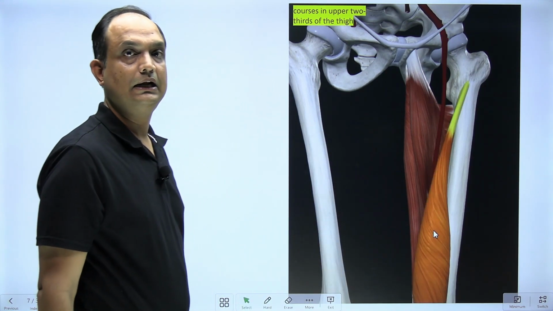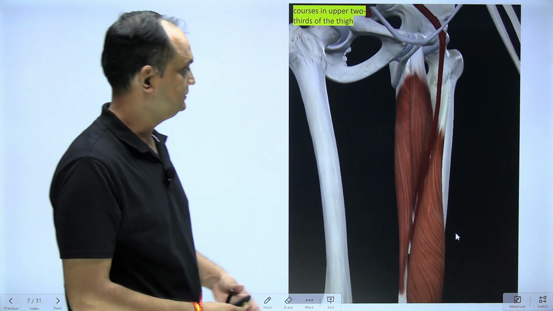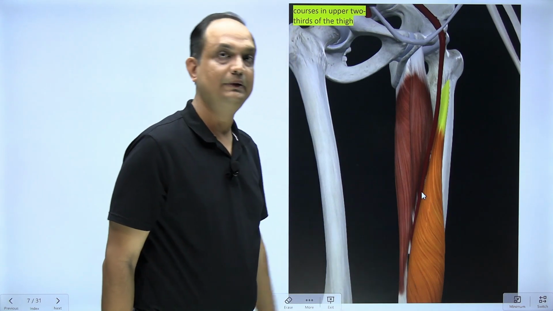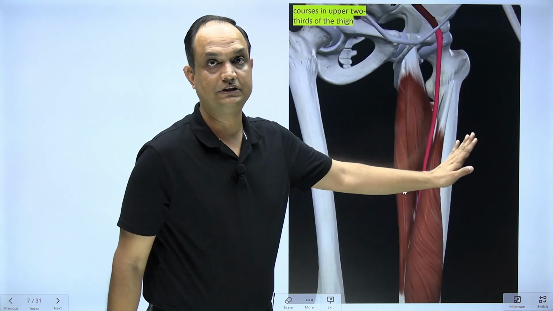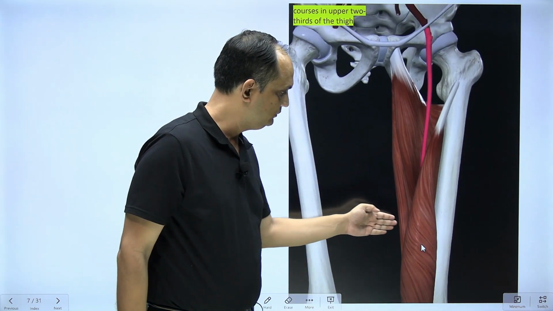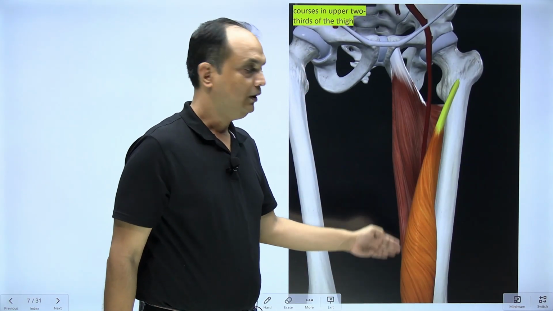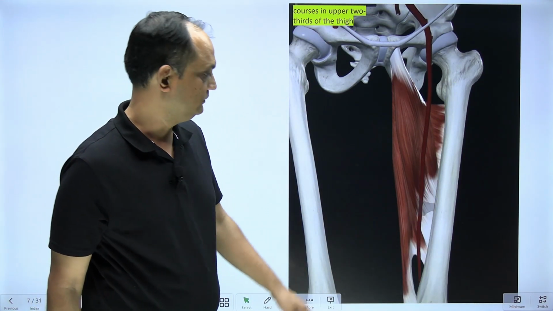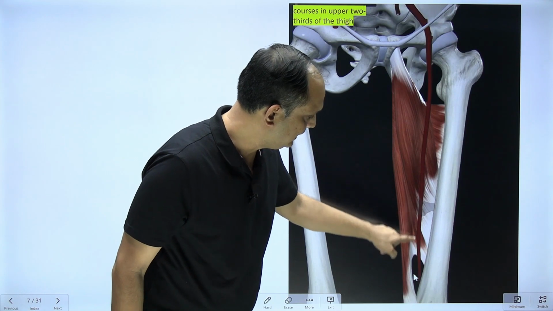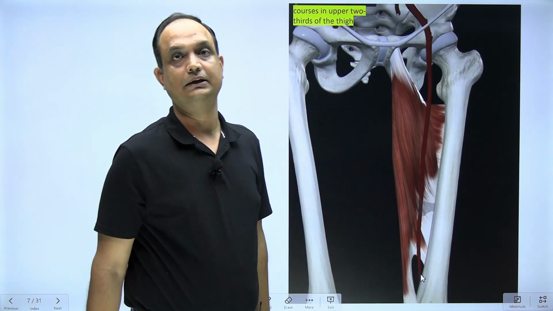And you know that the adductor canal is bounded on one side by the vastus medialis. So this is the vastus medialis. Anteriorly it was covered by the sartorius, which we have removed just now, so that you are able to see the artery inside. Or if you want to see from the front, I have removed this vastus medialis also.